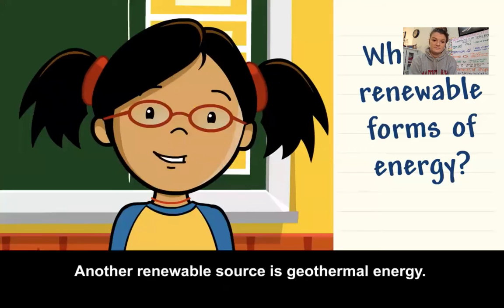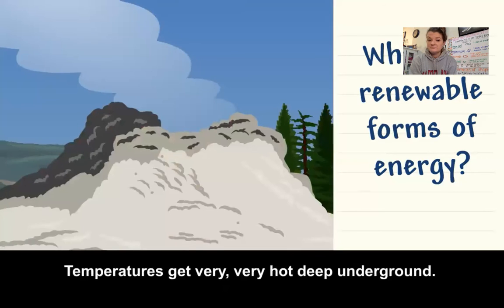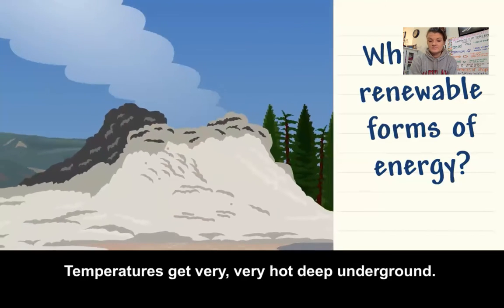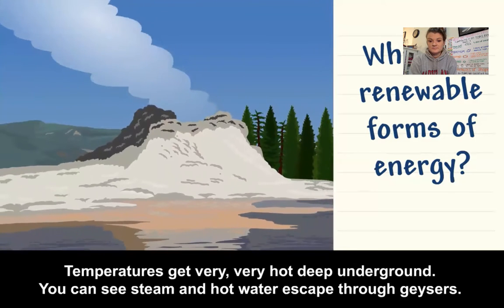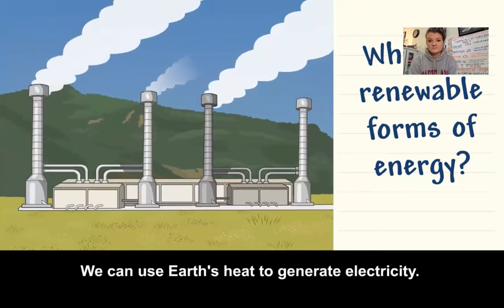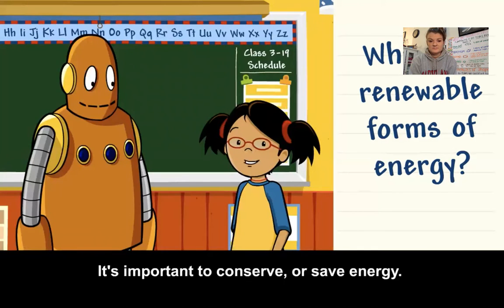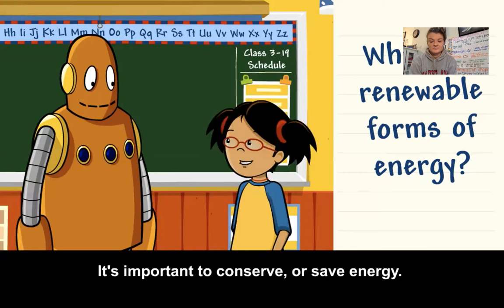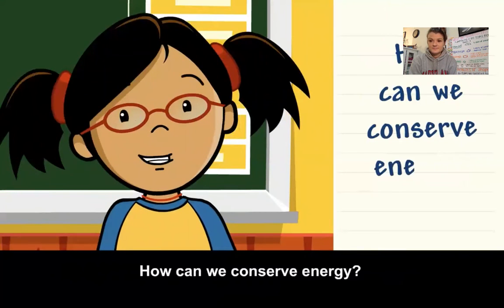Another renewable source is geothermal energy. Temperatures get very, very hot deep underground. You can see steam and hot water escape through geysers. We can use Earth's heat to generate electricity. It's important to conserve or save energy. How can we conserve energy?